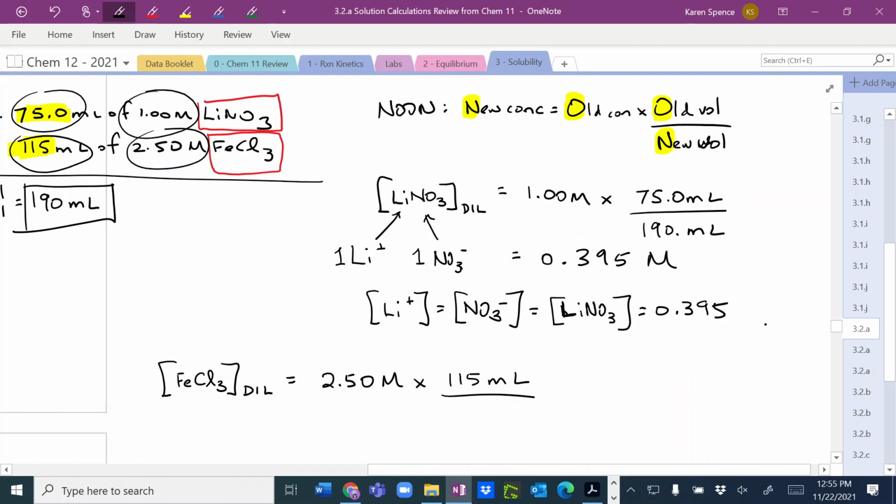And now we have a larger volume of 190 milliliters. 2.5 times 115 divided by 190 is 1.51. And you'll notice your milliliters cancel out, so your unit is molar.